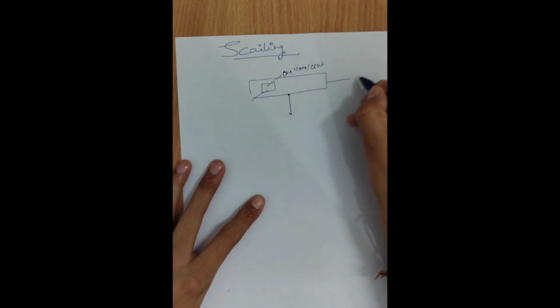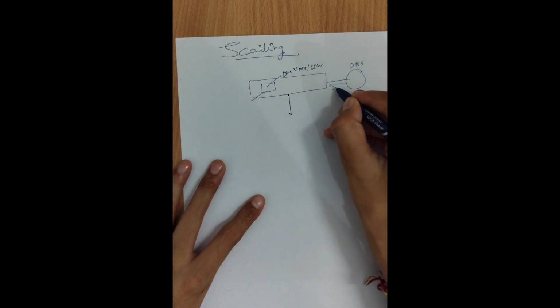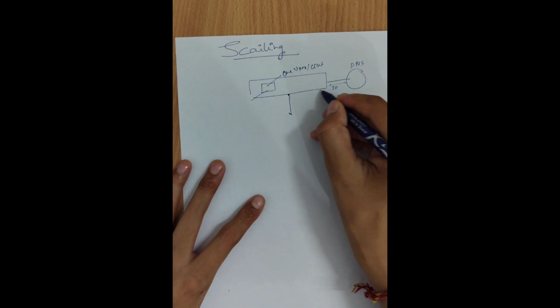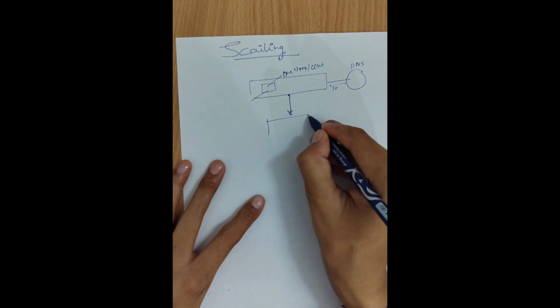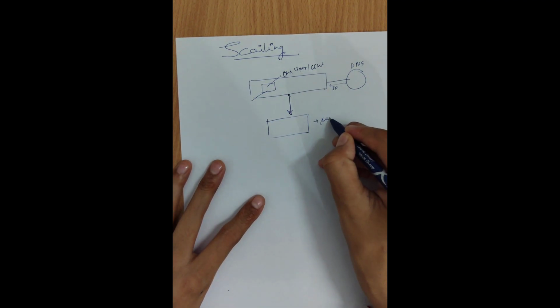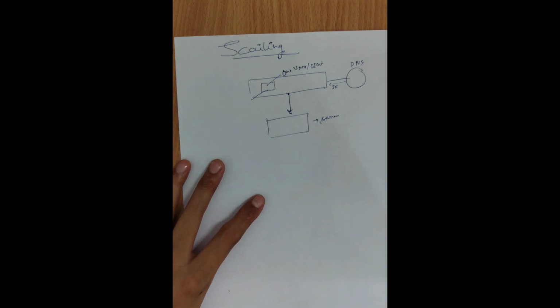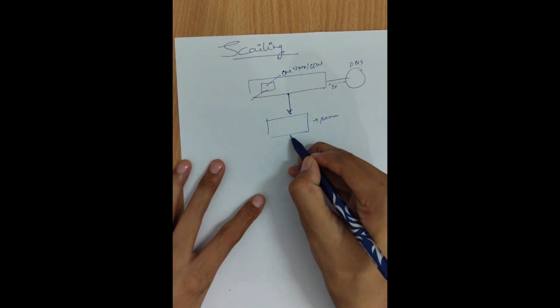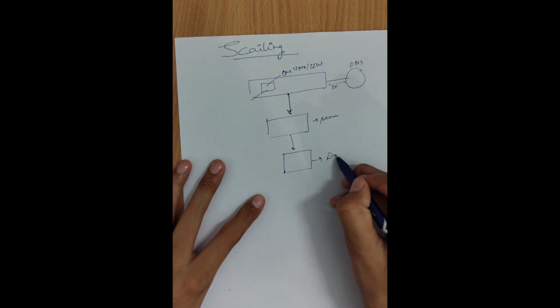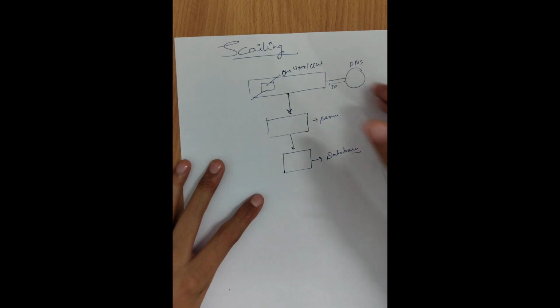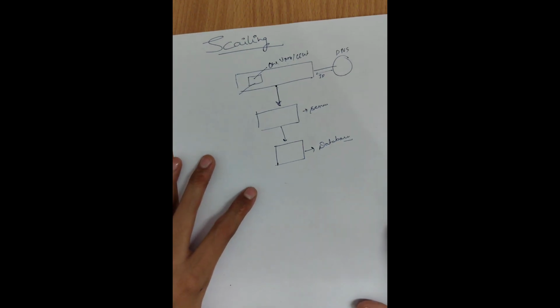The request first goes to the DNS, which returns the IP address to the client, and the client then sends the request to the server, and based on the request, a query is hit in the database. I'm not going to explain it again in depth, we have already discussed it in the previous video.